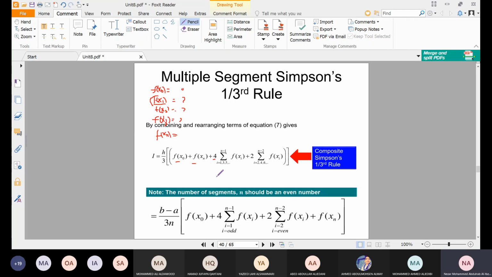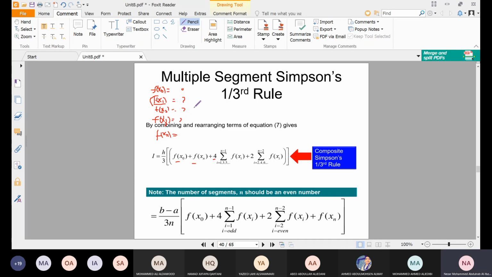For example, f at x1, f at x3, f at x5. I will sum all these odd terms, and then multiply them by 4.